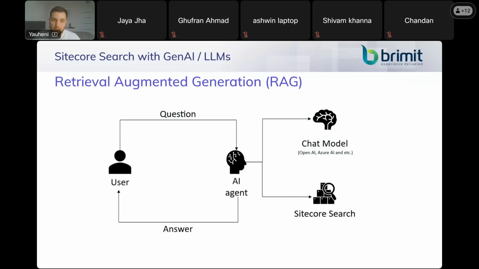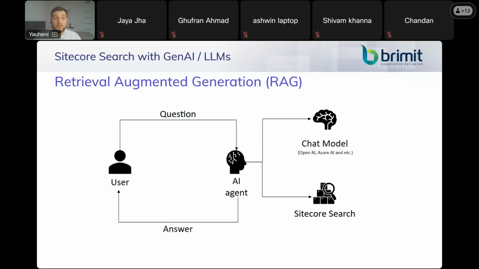And here is how it works. The user asks a question. Our assistant gets this question and processes it through a chat model, for example OpenAI, Azure AI, or other large language models.